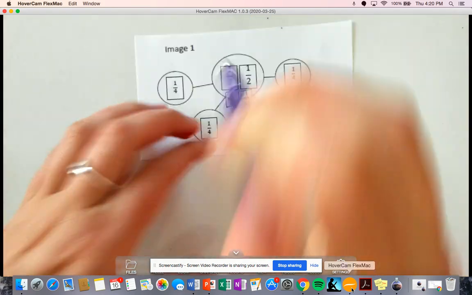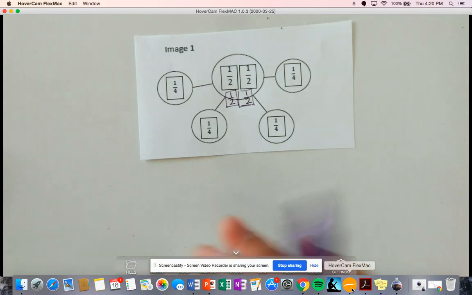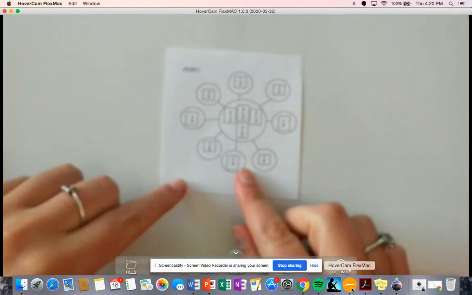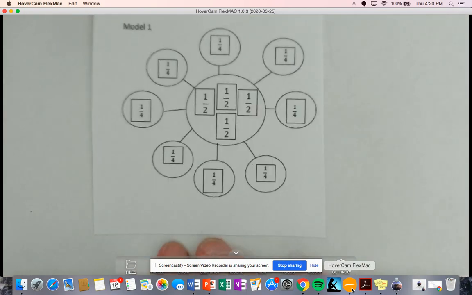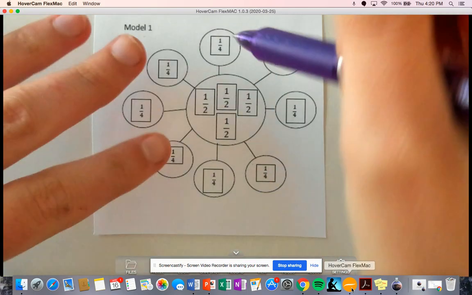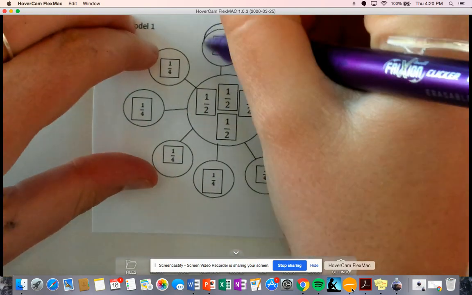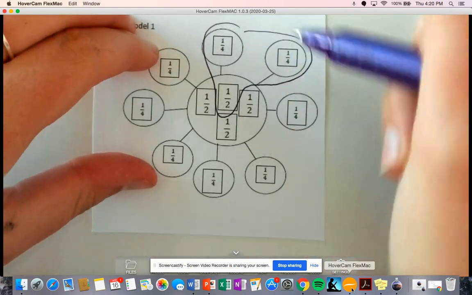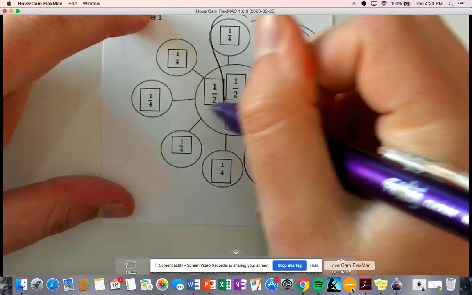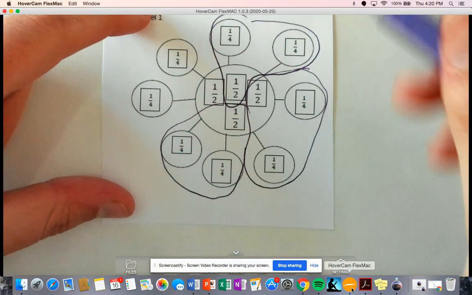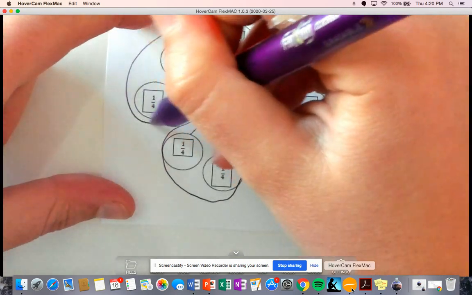And I'm going to show you 2 different ways that we can represent this. So the first way is I just add all the fourths. So, like we said, for every half, I get 2/4, right? So here's a half, here's a half, here's a half, and here's a half.